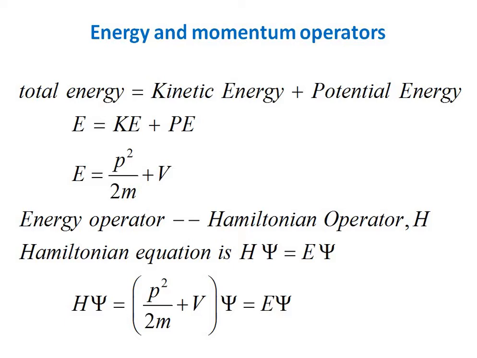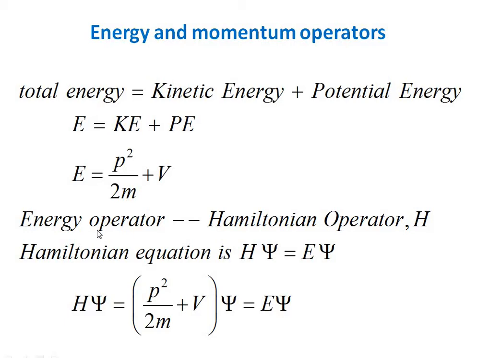The total energy of a system is given by kinetic energy plus potential energy, where kinetic energy is K and potential energy is P. Here kinetic energy is given by half mv square, or in terms of linear momentum p, p square by 2m, where p is equal to mv, and potential energy is V.